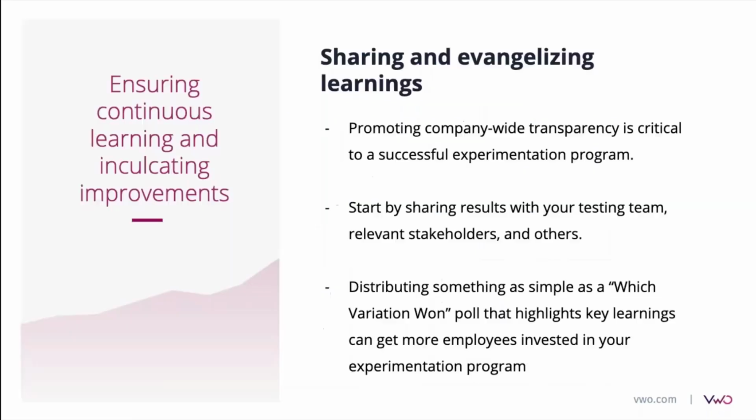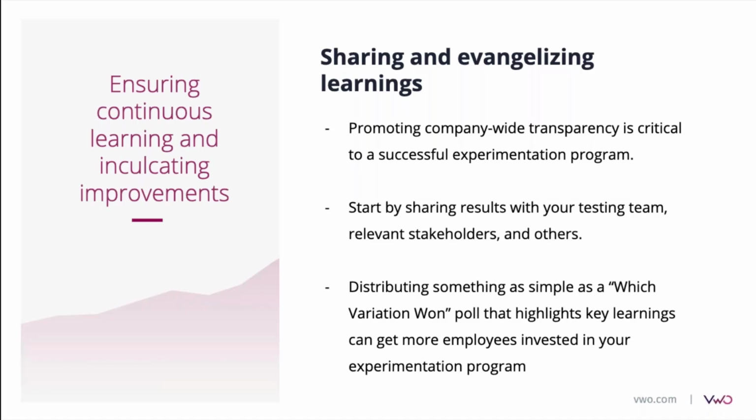What's more important is to share and evangelize learnings with your team. So after you have the data with you, promoting company-wide transparency is really critical to the success of your overall experimentation program. It widens the impact of your testing, promotes the culture that you have worked so hard to develop, and evangelizes the importance of continuous iteration.